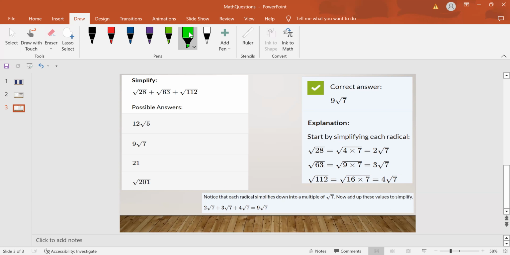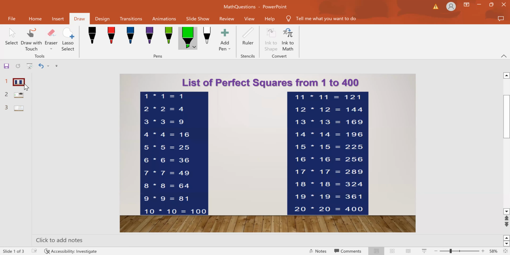Okay, so before we continue, understand that in this problem we need perfect squares, and here we have a list of some perfect squares from 1 to 400.